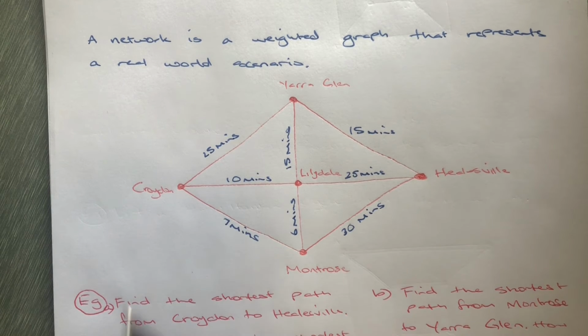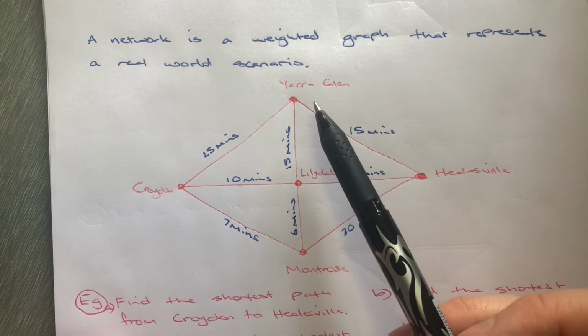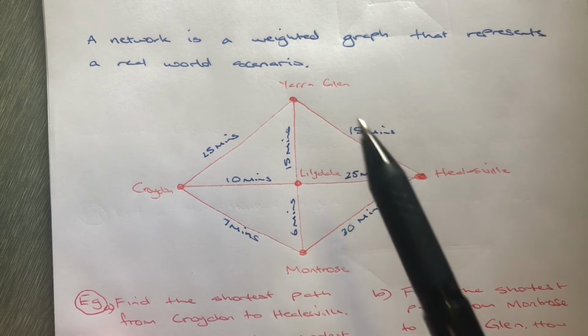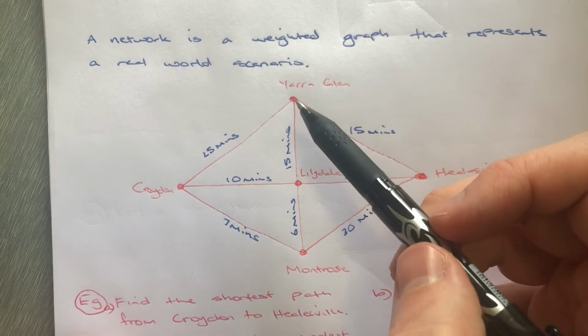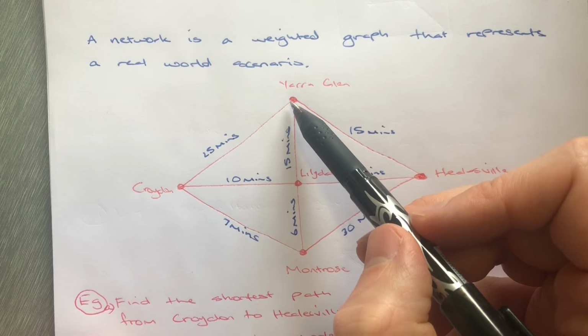Now, when we're given networks like this, often what we're asked to do is find the shortest path. What that means is you might want to get from one vertex to another one and accumulate the lowest number. For example, if you want to get from Croydon to Yarra Glen, you can go straight there. It'll take you 25 minutes.